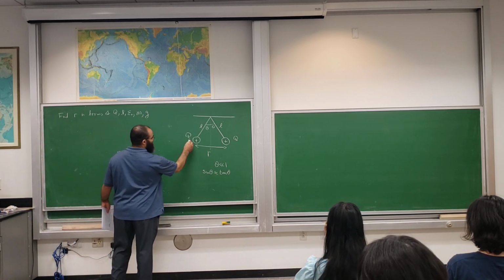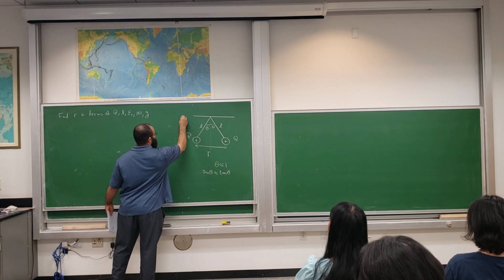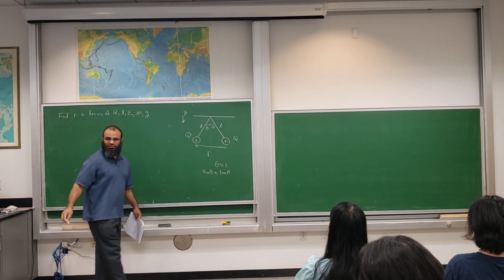Each charge has a mass m. So gravity is this way, g. Gravity pulls you down.